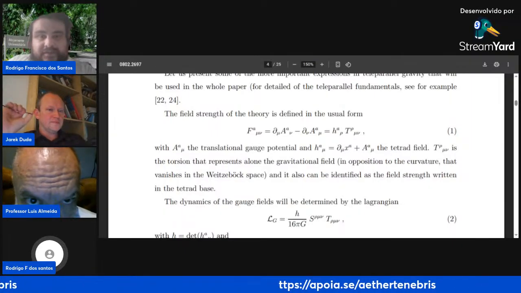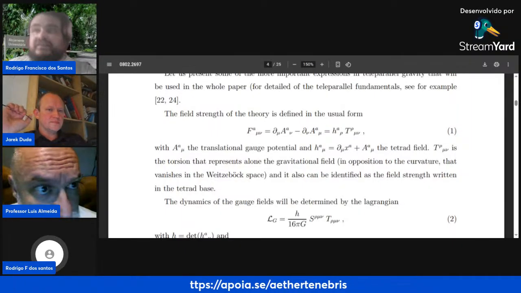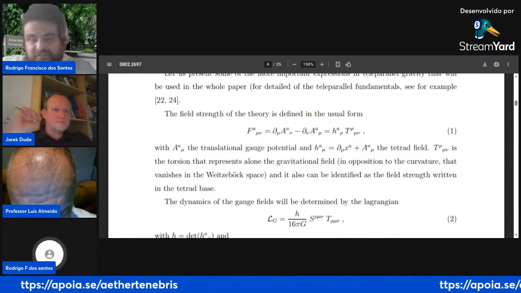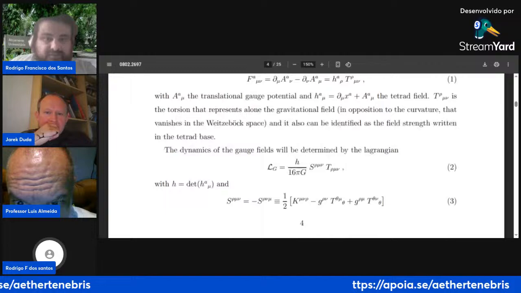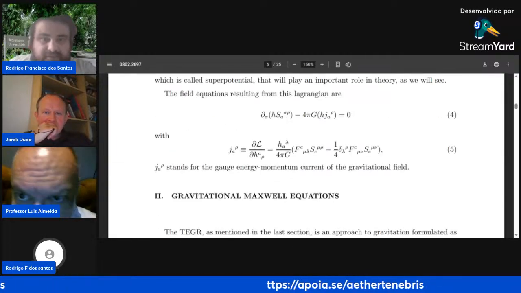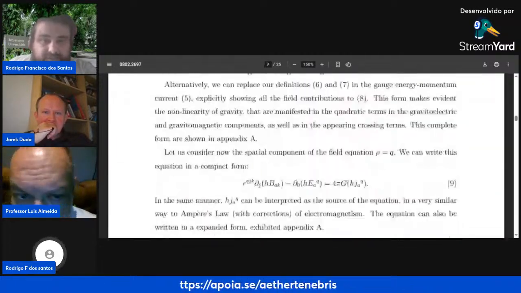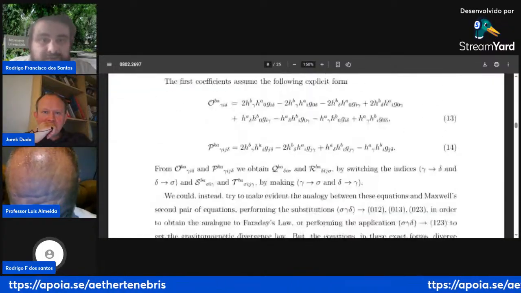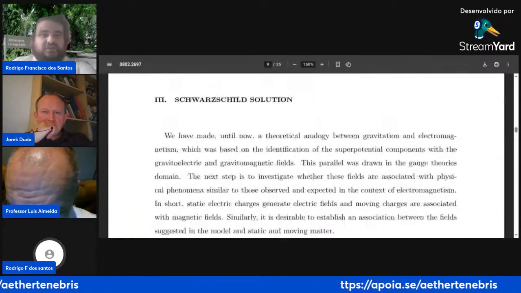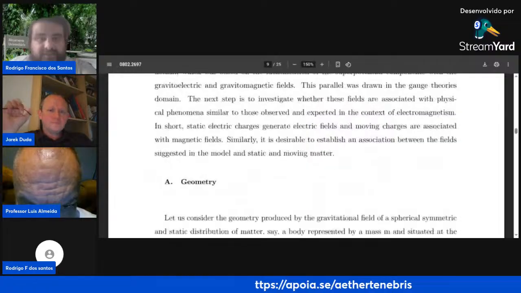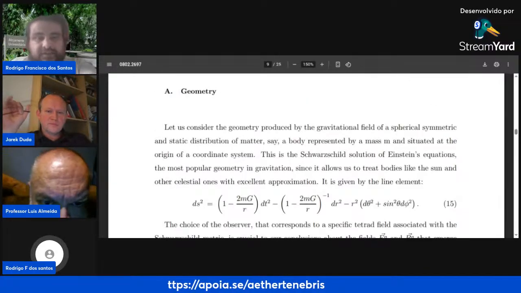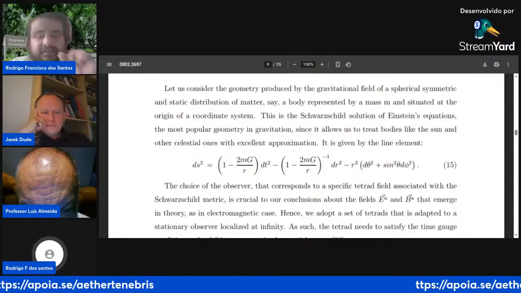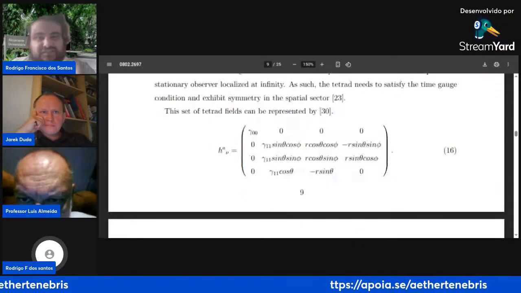This work is a very small translation, but in this work he makes, for the black hole in the Schwarzschild solution, and here he makes no small translation.